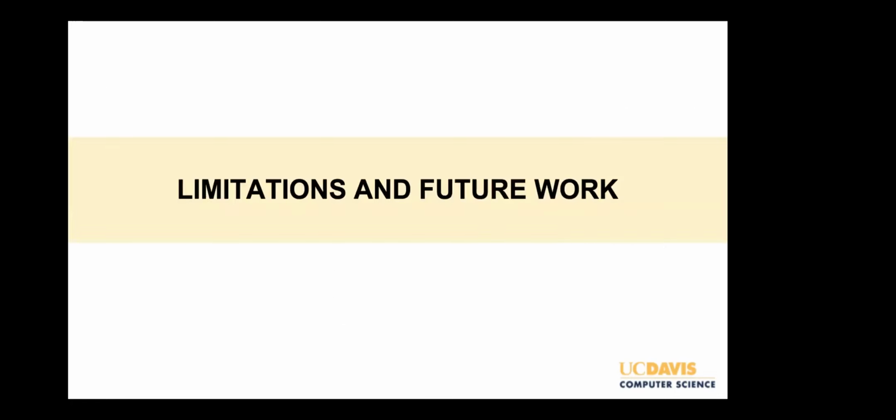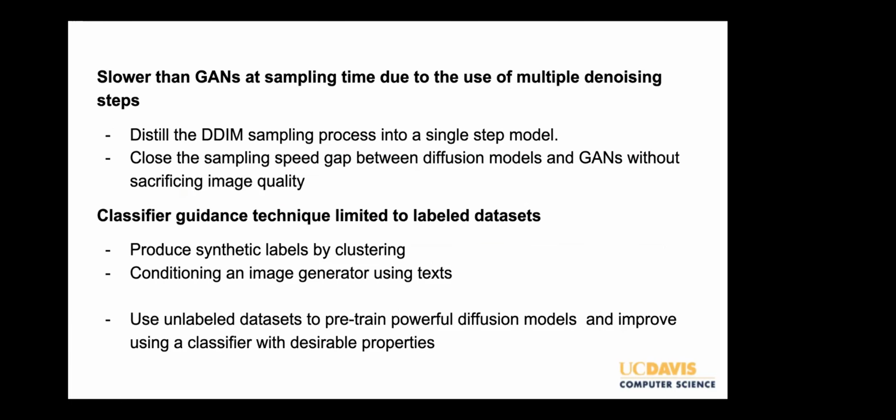Let's now look at the limitations and the future work. While the paper believes the results are an exciting data point for generative modeling using future models, there are still some important limitations that need to be addressed. In this paper, the authors have well provided the limitations and also said what can be done towards future work.